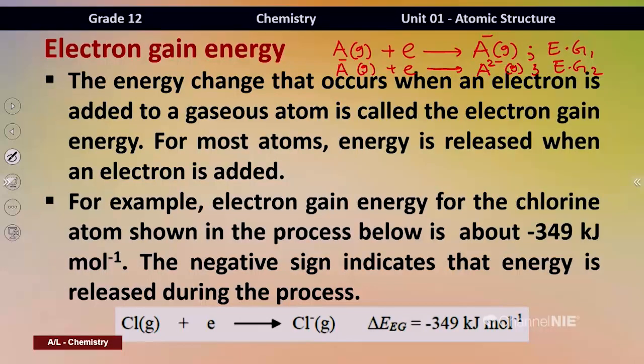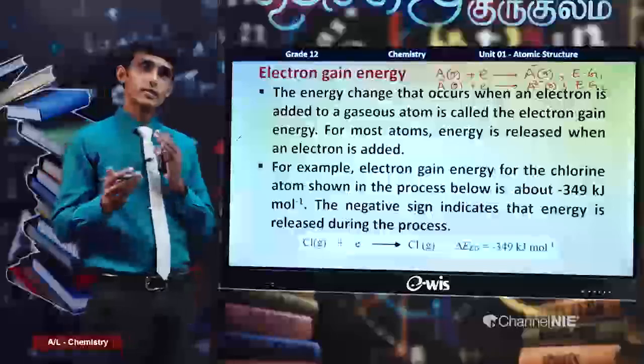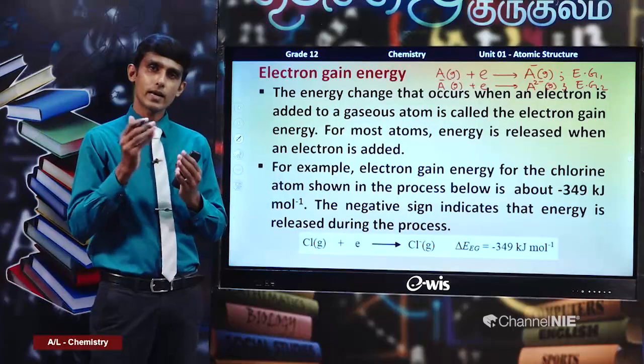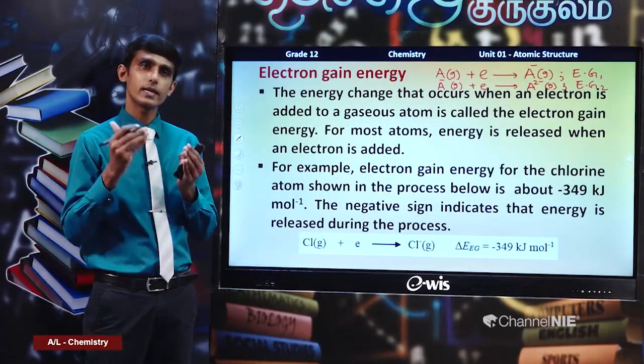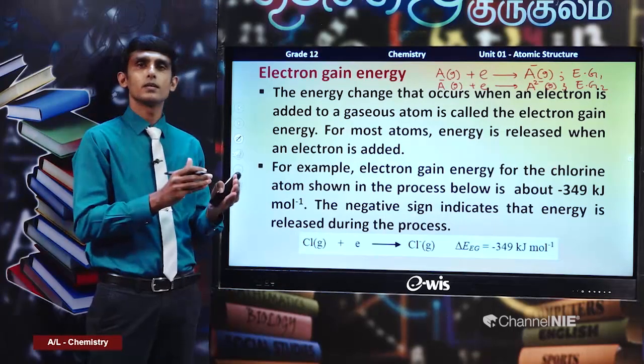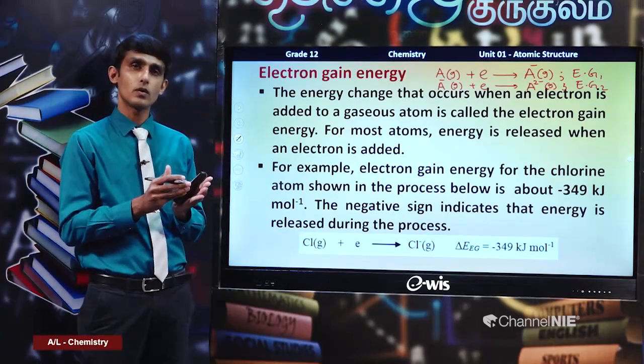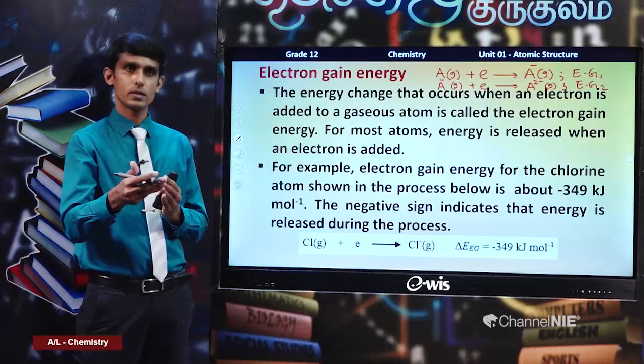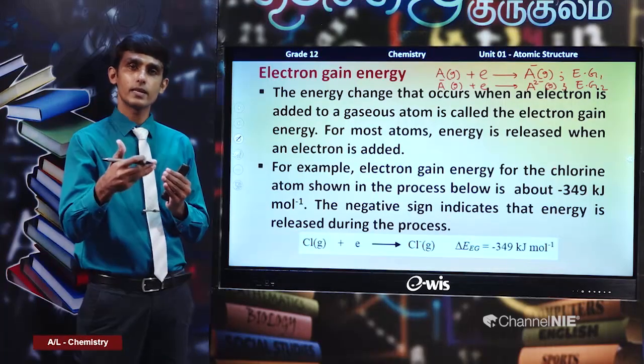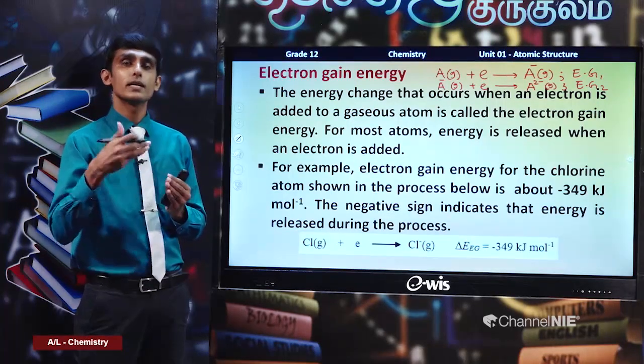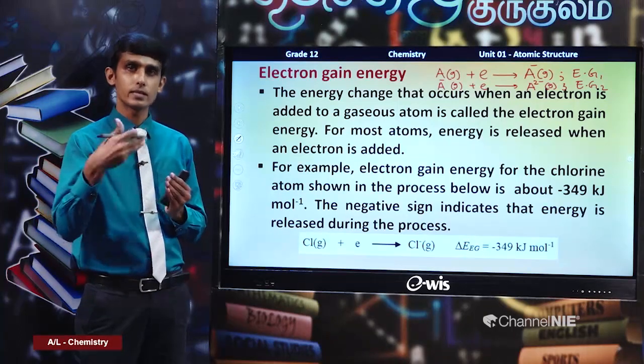For most elements in the periodic table, when the first electron is added to their gaseous ground state atoms, that electron is attracted by the nucleus and therefore energy is released. That means the first electron gain energy of most elements is exothermic.